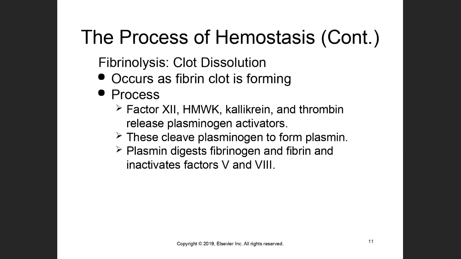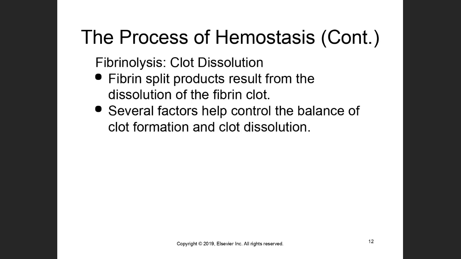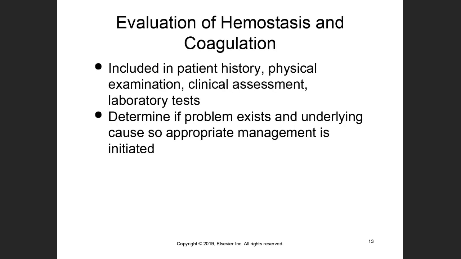And plasmin digests fibrinogen and fibrin and inactivates factor 5 and 8. Fibrinolysis, clot dissolution, again, fibrin split products are the end products when you dissolve the clot, okay? Several factors help control the balance between clot formation and clot dissolution.